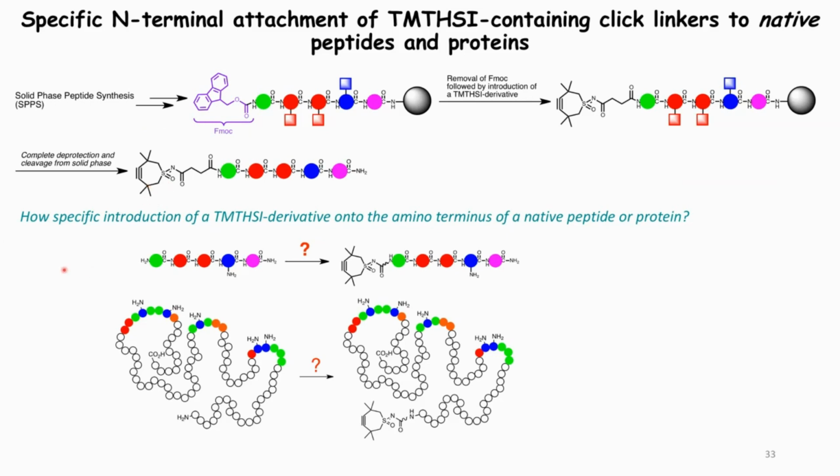Can we selectively introduce a TMTHSI derivative on the amino terminus of a native peptide containing all functionalities, including lysine NH2s, or on the amino terminus of a protein containing many functionalities, many lysines properly? Is this possible? Because that would give us a huge possibility for the selective introduction of TMTHSI for all kinds of purposes.